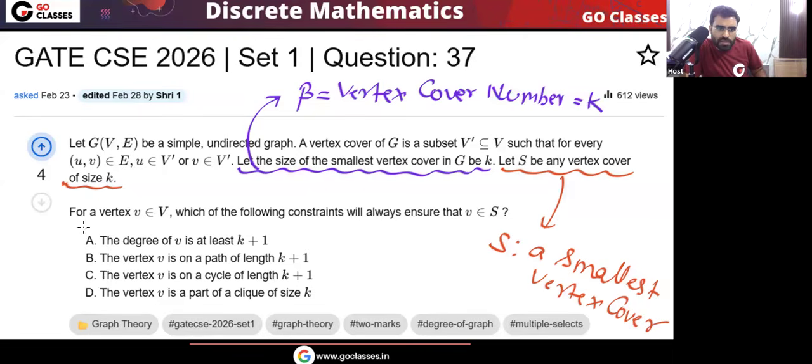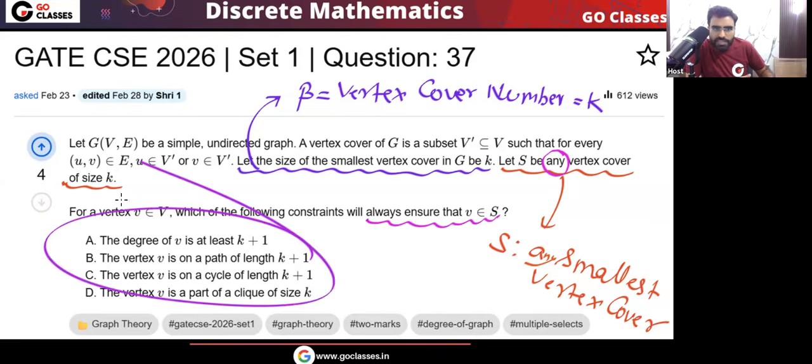Now the question is asking, for a vertex V, which of the following conditions will always ensure that V belongs to S, where S is any smallest vertex cover?